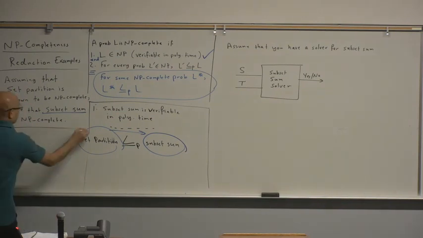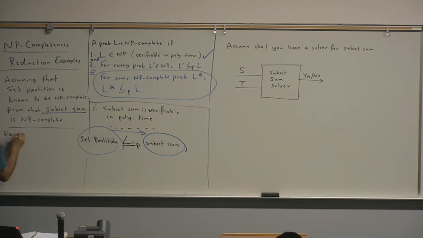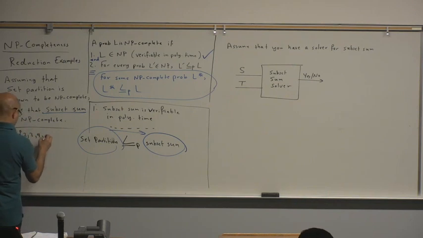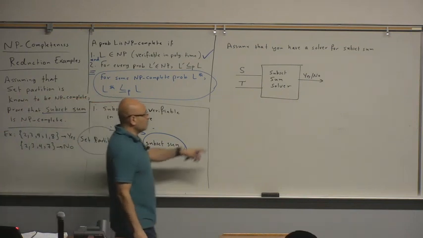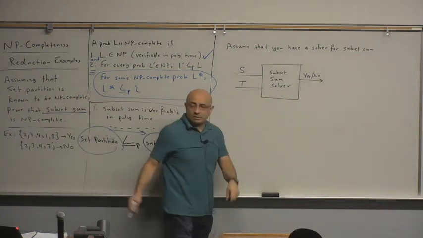The examples are 2, 3, 4, 2, 3, 4, 1, 8. This should give me yes. And if I give it 2, 3, 4, 7, it should tell me no.